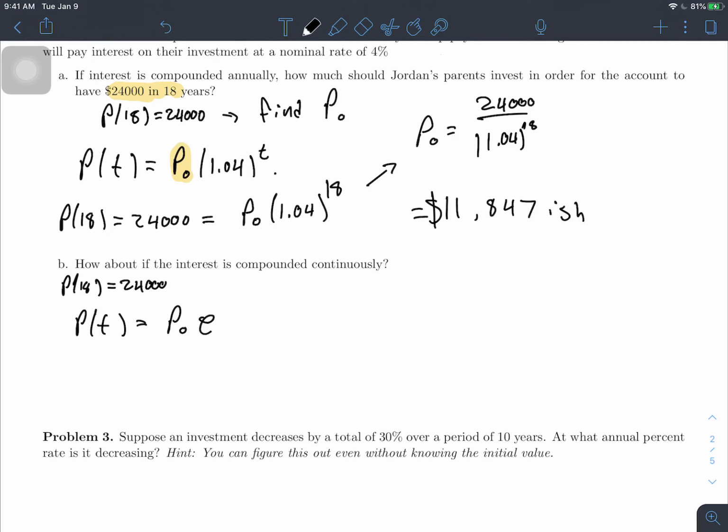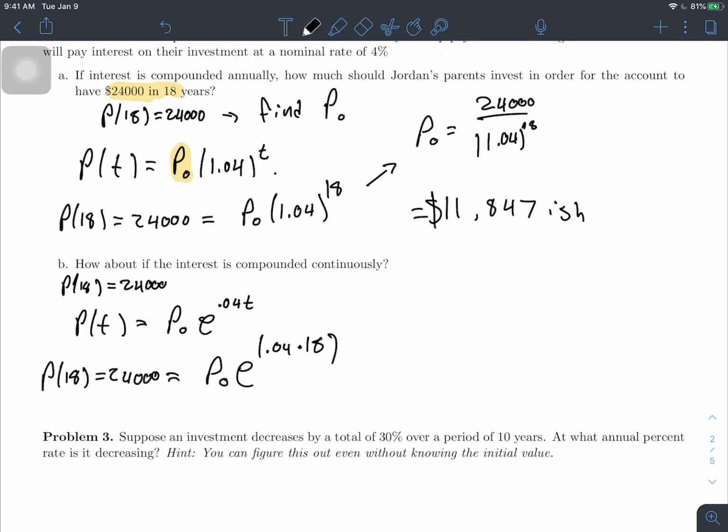So I'll write e to the 0.04t. Now, same deal. P of 18 equals 24,000 equals P naught times e to the 0.04 times 18.